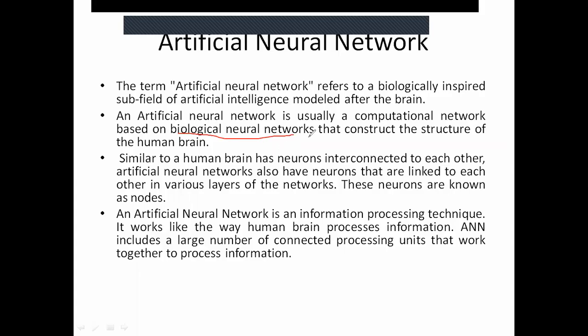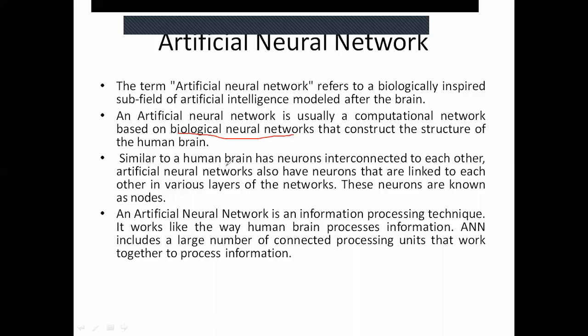Before doing the artificial neural network, I need to tell you the structure of our human brain, the structure of this neural network. First I will tell you that, and then I will tell you how you can derive the artificial network from the biological neural network. Is it okay?